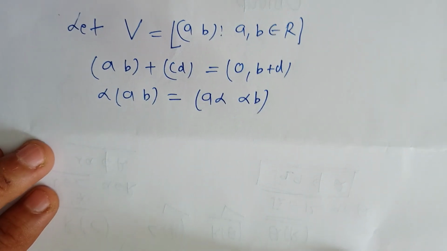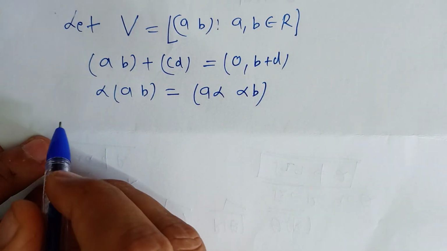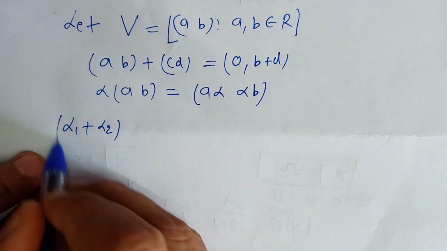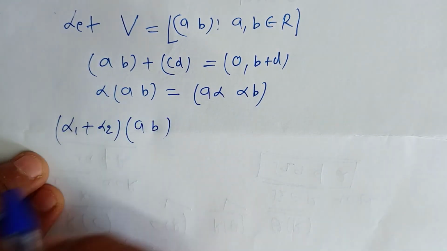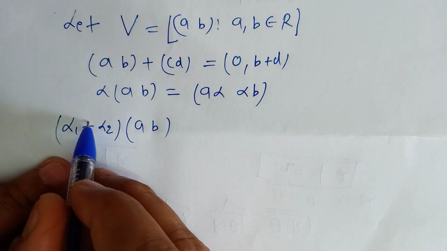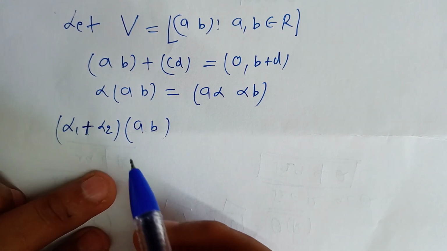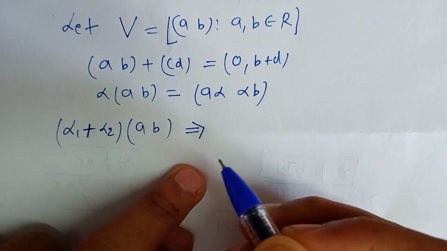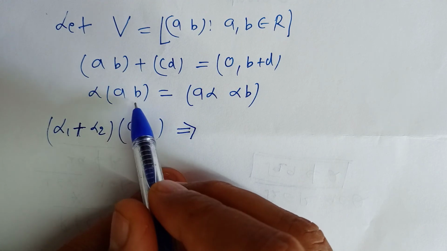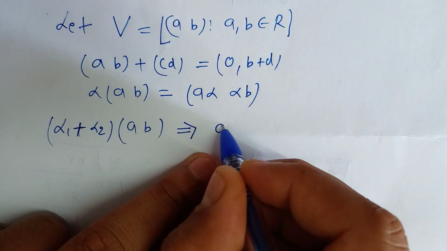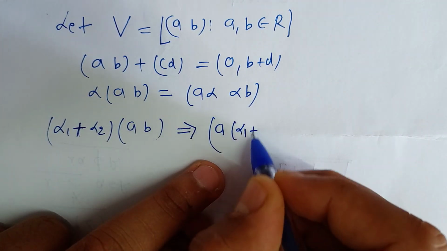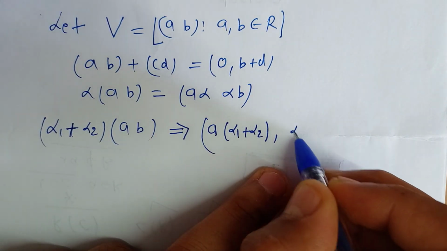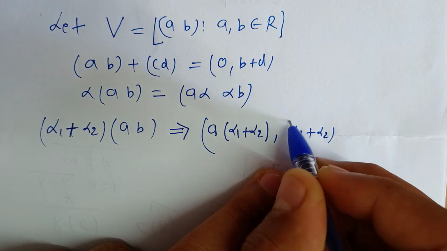So we can take one property: (alpha 1 plus alpha 2) times (a, b), the distribution of scalar over vector. By the multiplication rule, this is (a, (alpha 1 plus alpha 2) b).